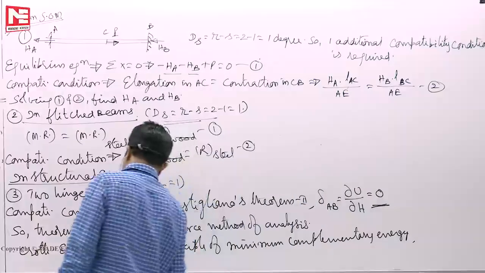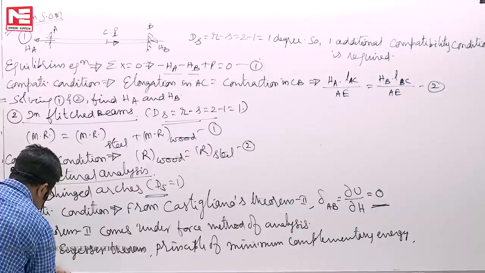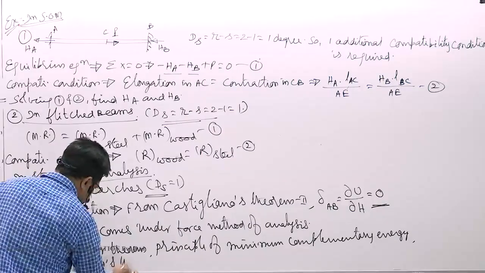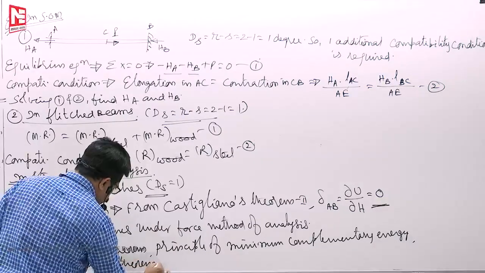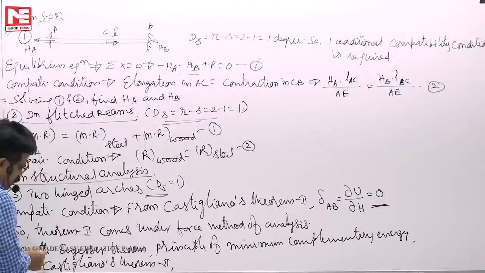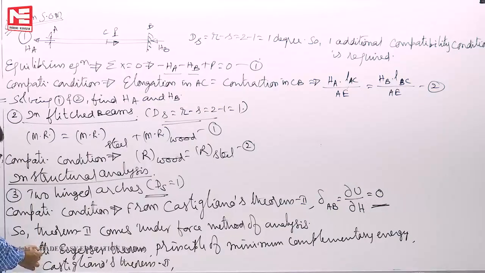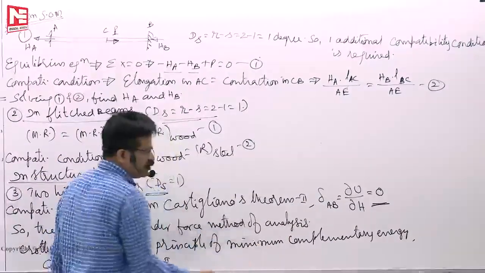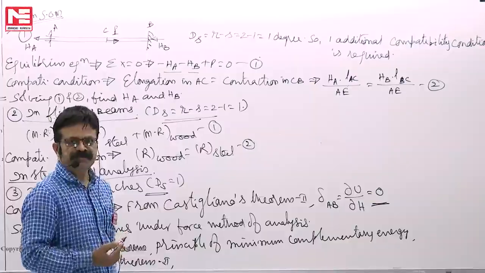In this special case it is Castigliano's theorem 2. It is applicable to linear and non-linear. If applied to a linear elastic structure, minimum complementary energy becomes the principle of minimum strain energy.